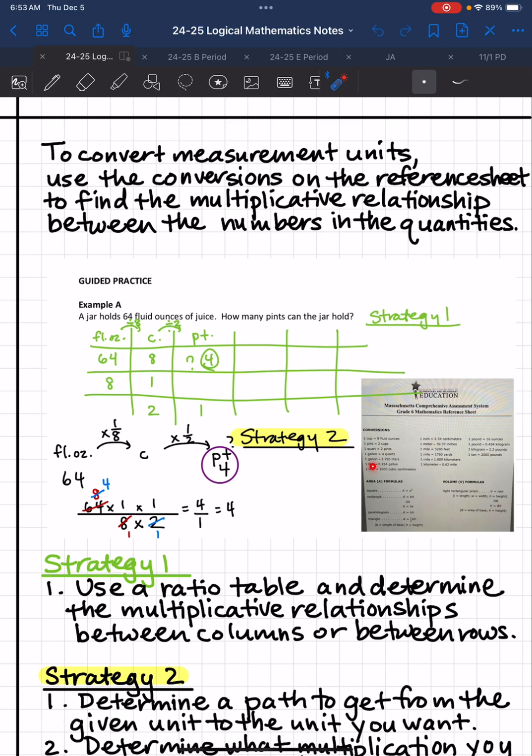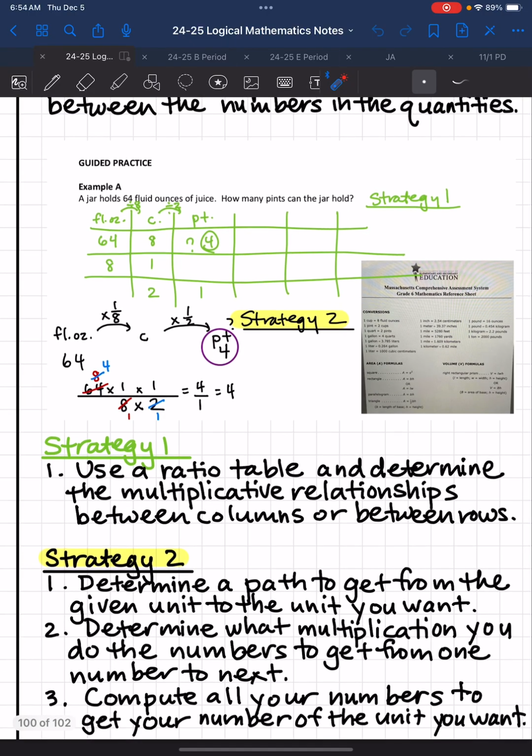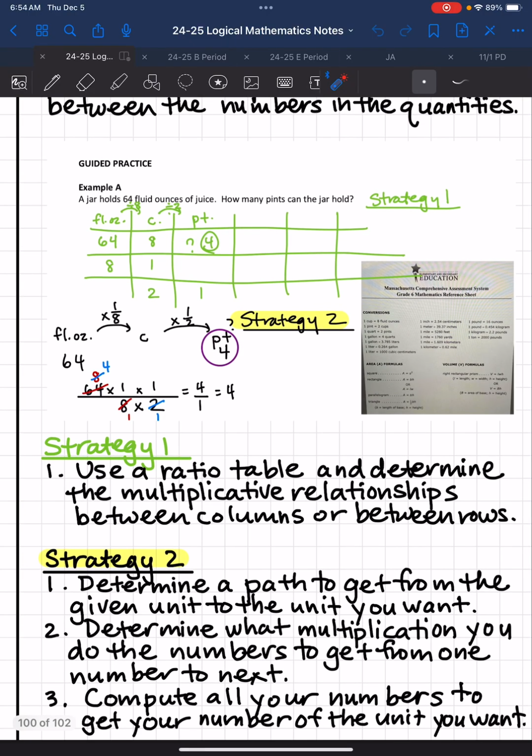So we're going to use this a lot. And we want to find what the multiplicative relationship is between the numbers in the quantities. All right? So the first step that I'm going to go through is I'm going to use strategy 2 first to talk about this, because this is going to be the faster way to figure it out.